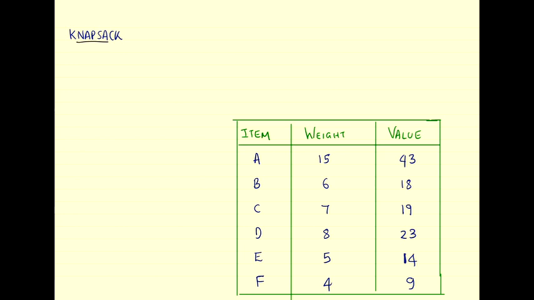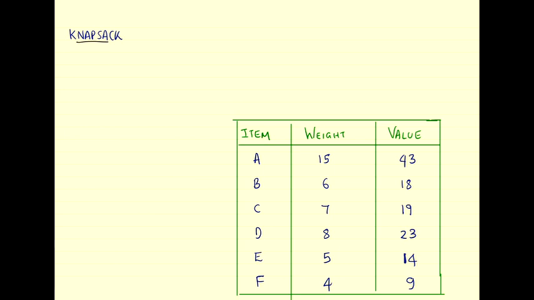Item A weighs, let's say, 15 pounds, and its value is $43. It's a really cheap museum. You can only carry some maximum amount of weight, some upper bound. What you want to carry is the most valuable bundle of items.